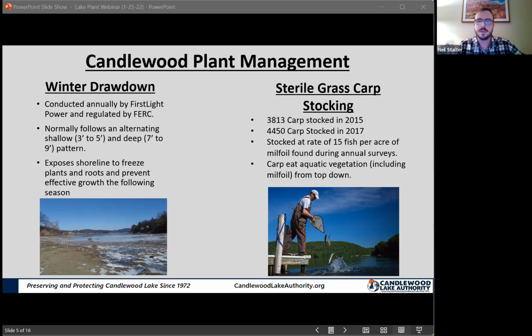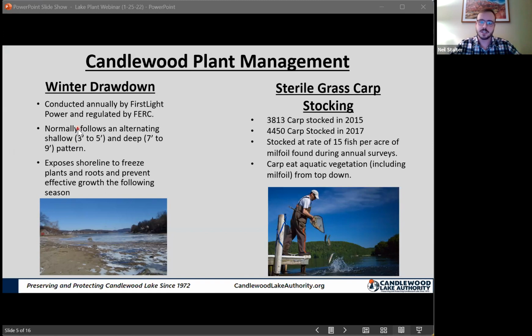But the two strategies that have historically been used in Candlewood are, first, the winter drawdown. That is what has just begun this week on the lake. It is the annual shallow or deep lowering of the water in the wintertime by First Light, the owners of the lake.